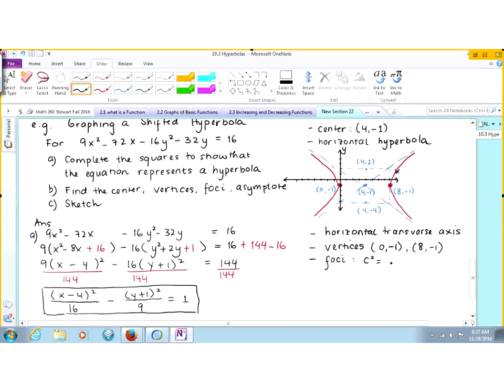What letter do we use for foci? c squared is a squared plus b squared. So c squared is 16 plus 9. So what is c? 5. Yeah, the square root of 25, which is 5. So now, where are your foci?